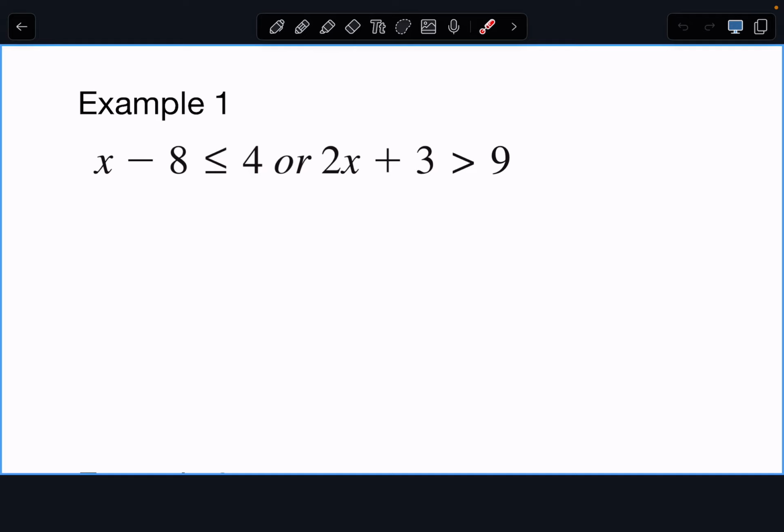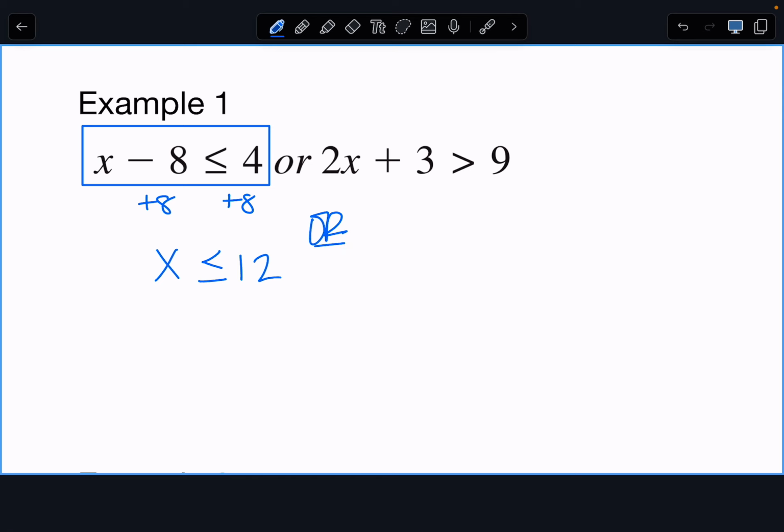So help me out. If I solve this inequality right here in blue, what do we need to do to both sides? Add 8. We need to add 8 to both sides so that x is less than or equal to 12. Right? Or, how about this purple inequality?